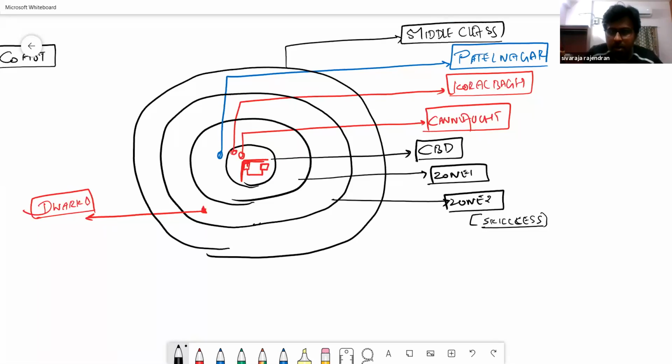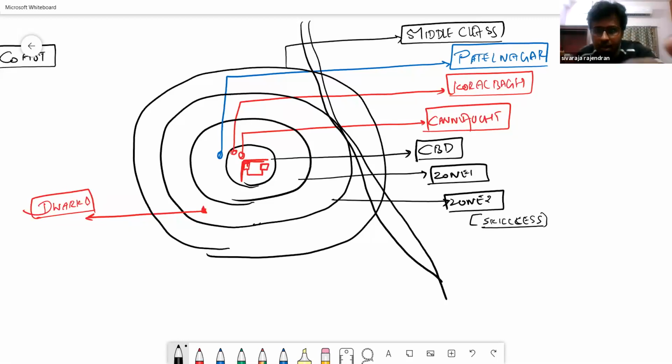And if you see the middle class, this is how the Jamuna river runs. It will run like this. And this middle class zone and the zone which is next is the most congested zone. Correct? You can think about Hyderabad, there is a river called the Musi River.